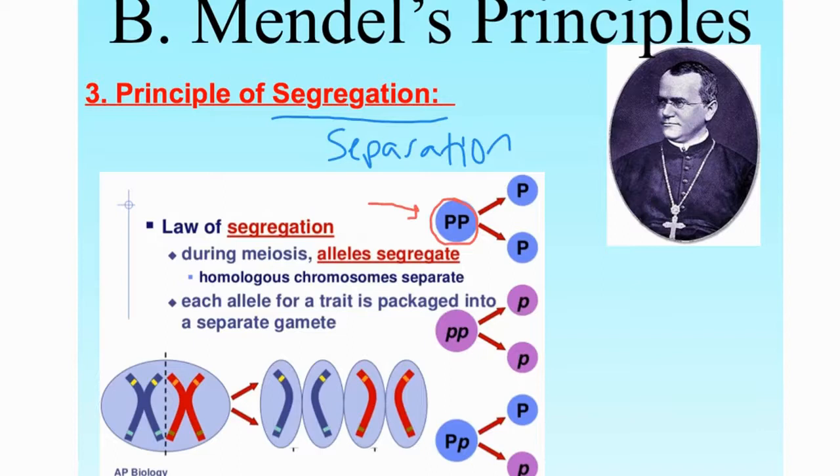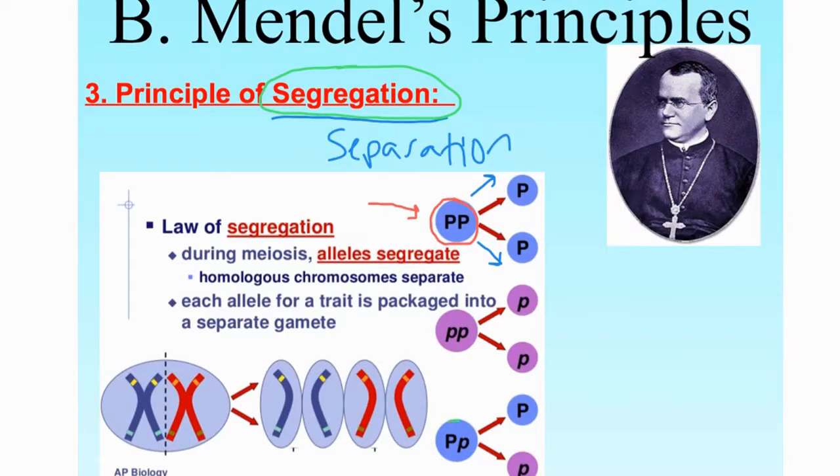But when you make your gametes, when you make your sex cells like the sperm and egg, you do not give both of your alleles to your offspring or to your kids. You're going to give one or the other. So during meiosis, your alleles segregate or separate from each other into separate gametes, separate sex cells.